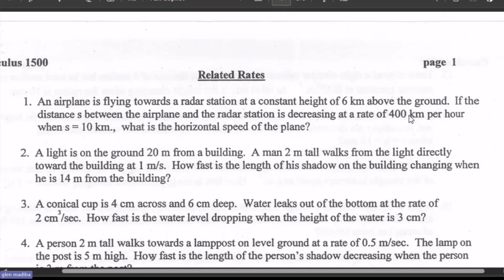That kilometer, as you said, was kilometers squared per hour, so that kilometer will cancel with another kilometer. So we'll be left with minus 500 kilometers per hour. So the horizontal speed of the plane towards the station is 500 kilometers per hour.